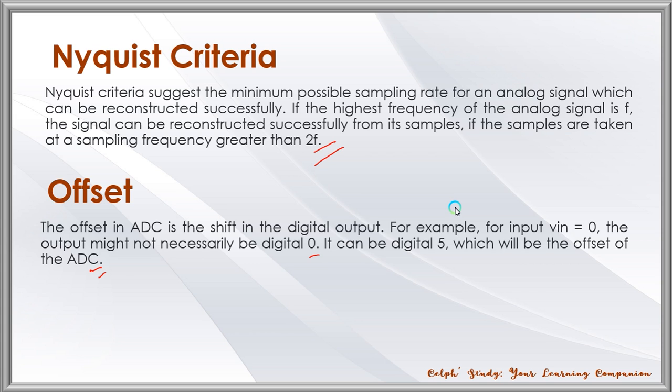If the highest frequency of the analog signal is f, the signal can be reconstructed successfully from its samples kung ang aton nga sample are taken at a sampling frequency greater than 2f. So, para ma-reconstruct siya nga successful gid, dapat ang sampling frequency dapat greater sa twice sa aton nga analog frequency. So, take note of Nyquist criteria.